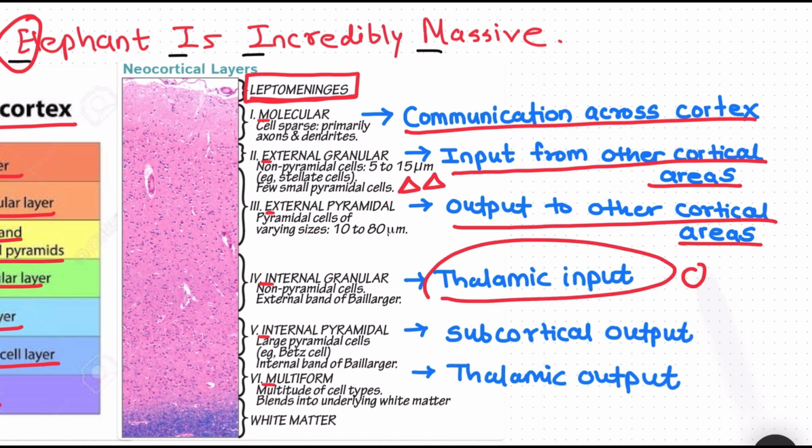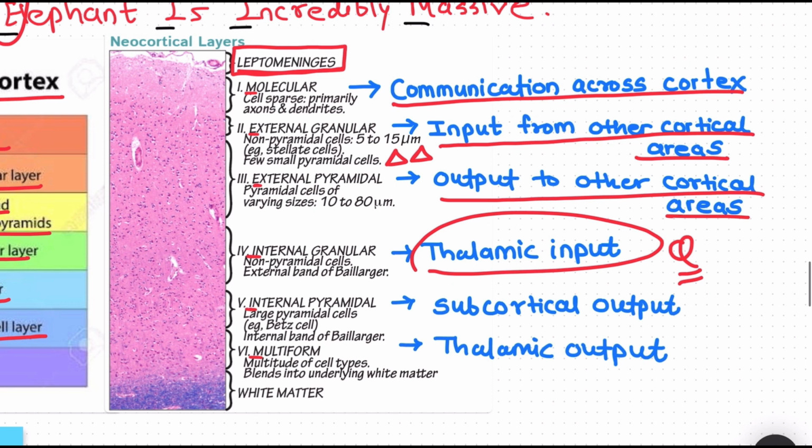This is important. Remember, internal granular cell layer is responsible for thalamic inputs. Then the fifth layer will be internal pyramidal. Large pyramidal cells are present there, also known as Betz cells. It is also known as internal band of Baillarger. Its function is subcortical output.